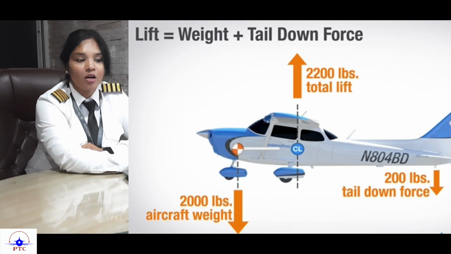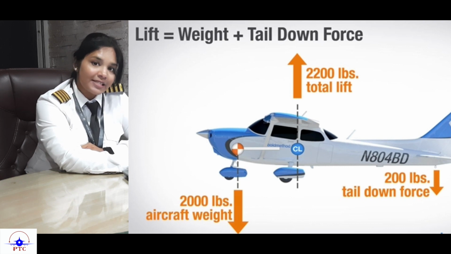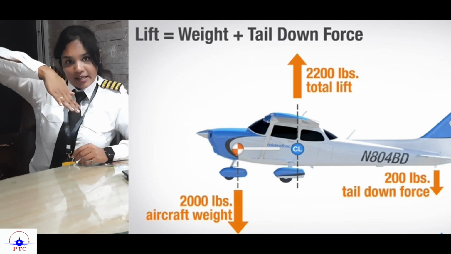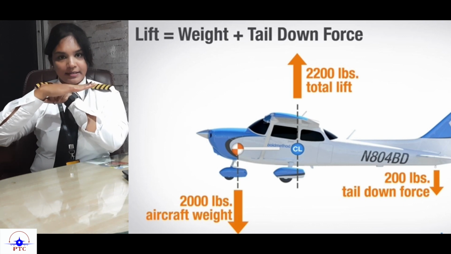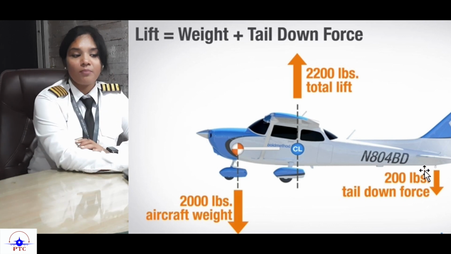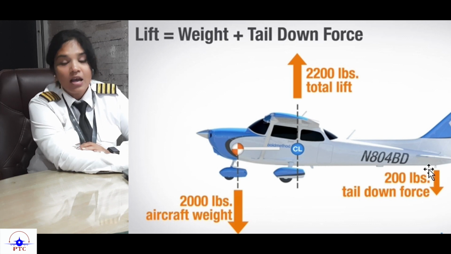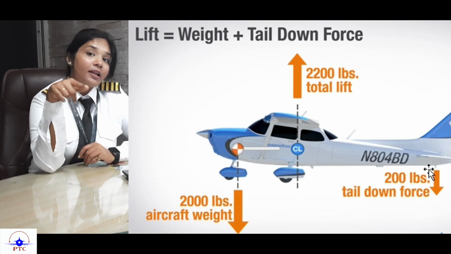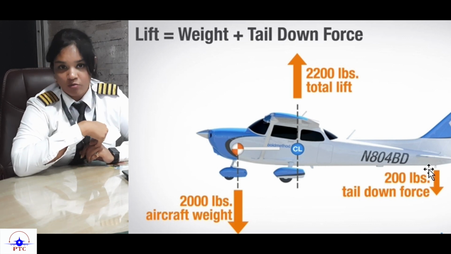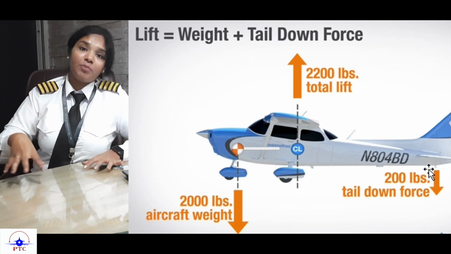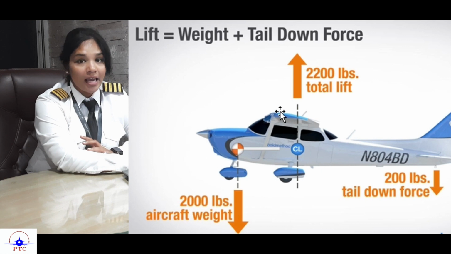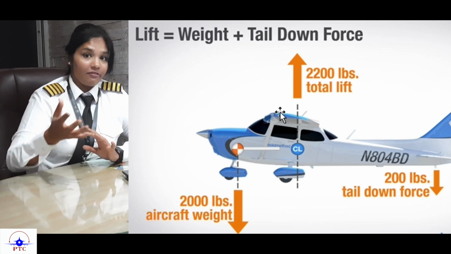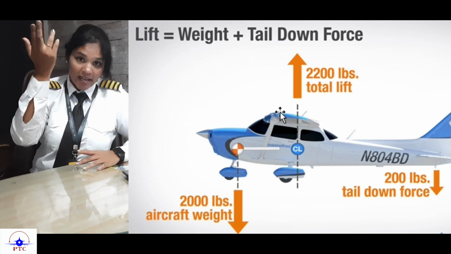That's basically because of your horizontal stabilizer. The aircraft cannot fly like this, right? So there needs to be some force that keeps the aircraft steady. That force comes from your horizontal stabilizer, which is creating a downward tail down force, just similar to how a positively cambered wing creates lift, but lift is in the upward direction.